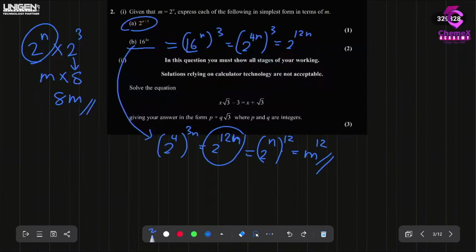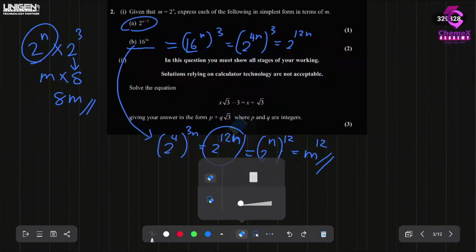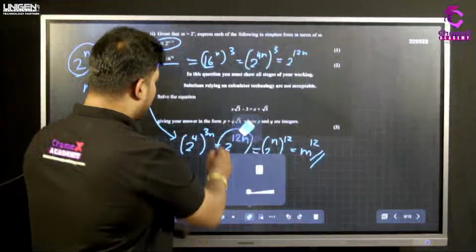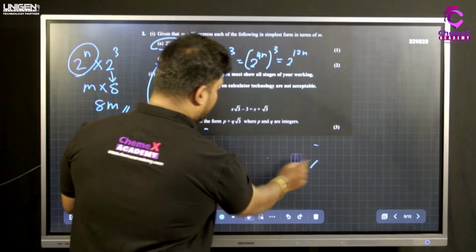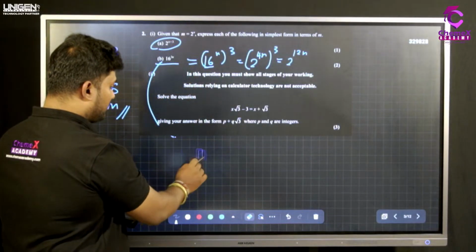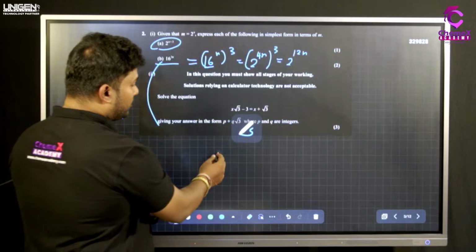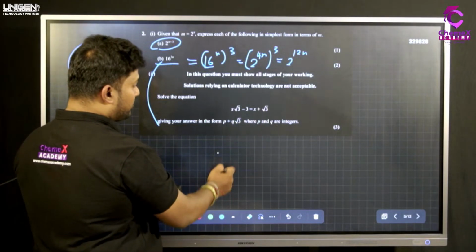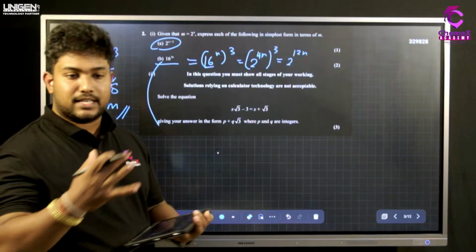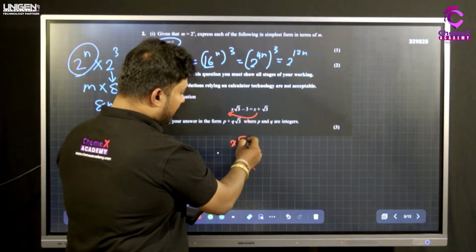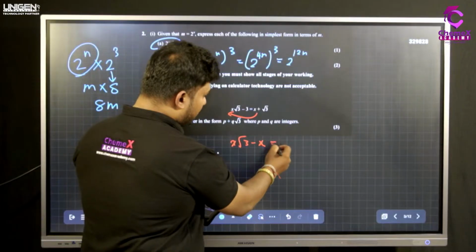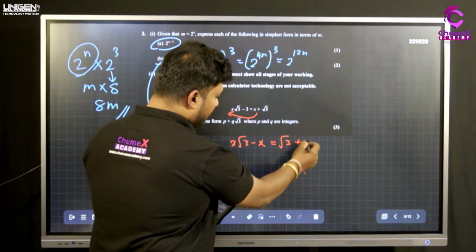So how do you now do this? In this, what you can do is, you have to make x the subject, right? In order to solve it, you have to make x the subject. So how can you do that? You can take the x terms to one side. So I'll take the x to this side. x root 3 minus x is equal to root 3 plus 3.